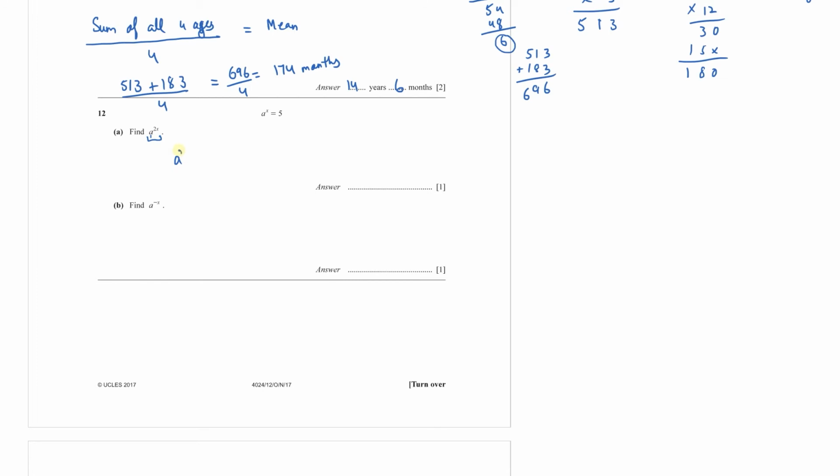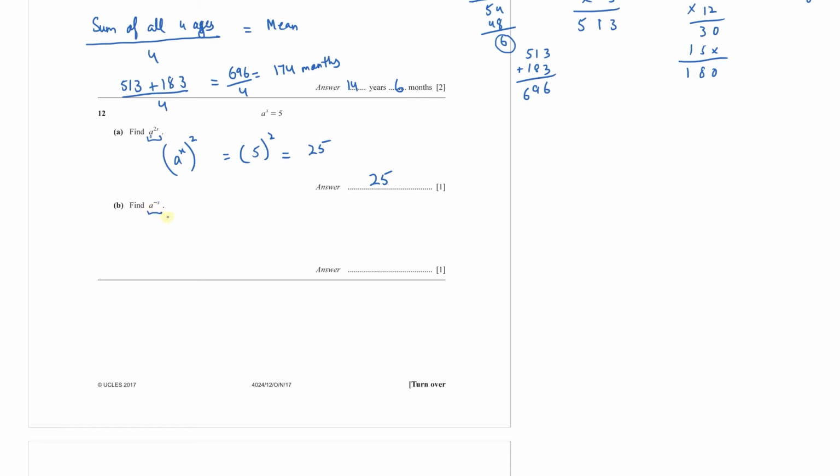You can write (a power x) whole squared. If I open the bracket, I bring this 2 in, so this again becomes a power 2x. So now I know that a power x is 5, so I substitute 5 here and then the square. So 5 squared is 25. So this is 25.